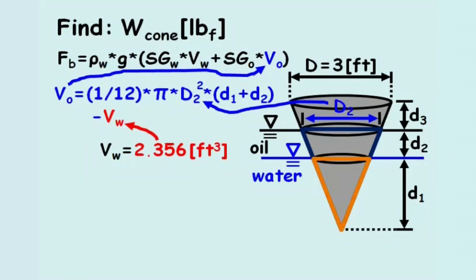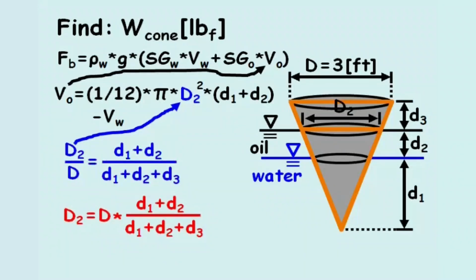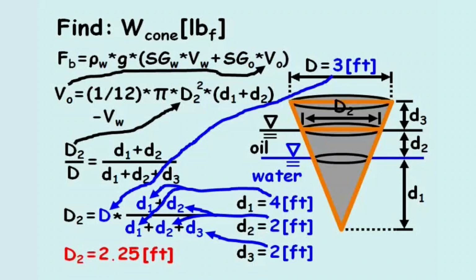The only unknown variable is the diameter uppercase D2, which we can solve for, again, by recognizing the proportionality between this cone and the entire cone. After solving for diameter D2 and plugging in the known values, diameter D2 equals 2.25 feet.